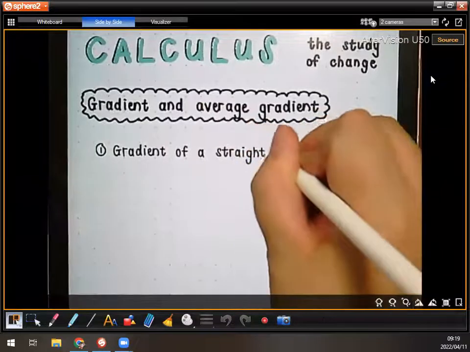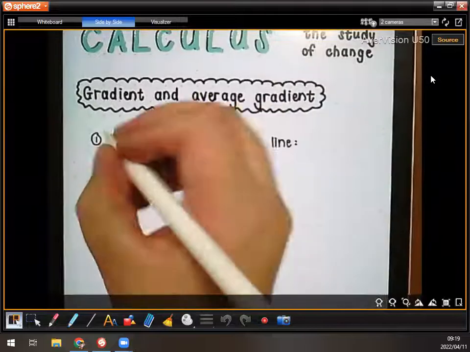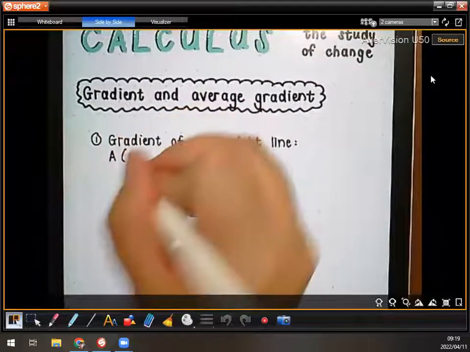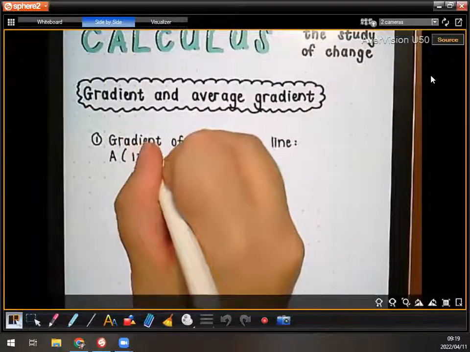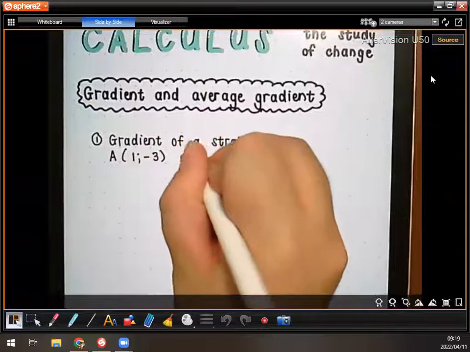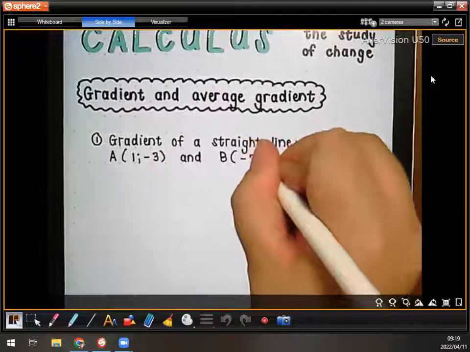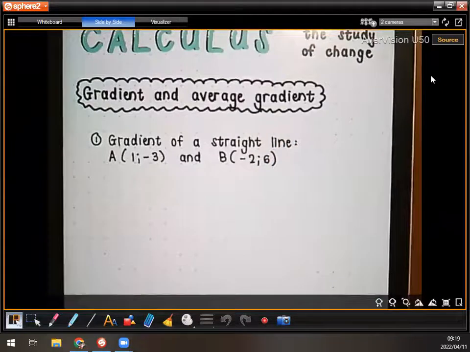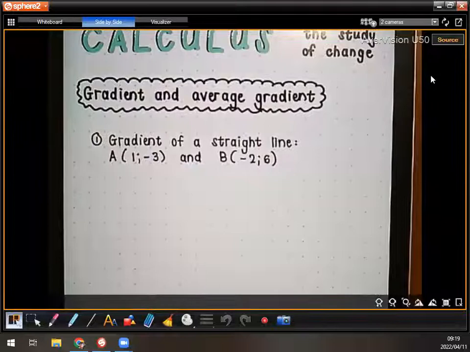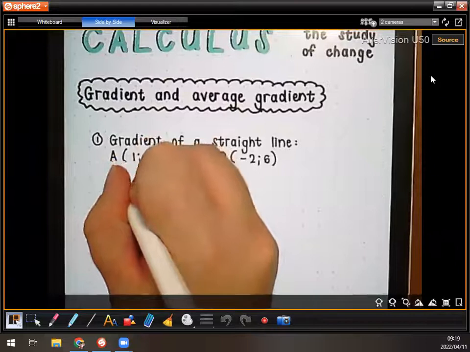If you have, for example, a point going from A, we'll make some coordinates up here, let's say (1, -3), and the point B is (-2, 6). And they then ask you to find the gradient of line AB.